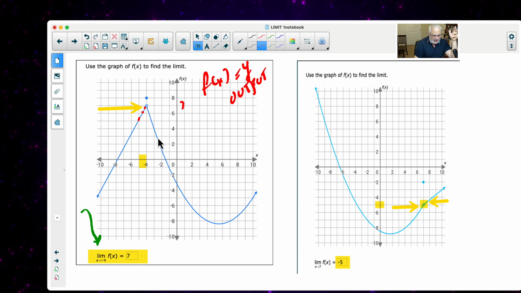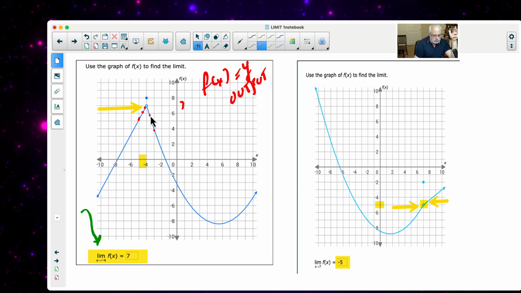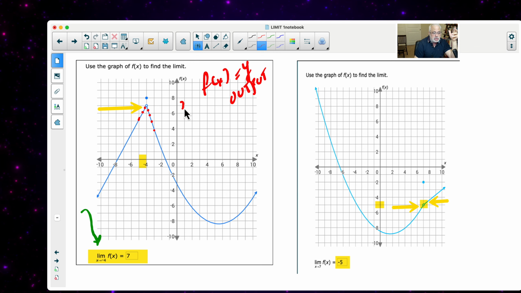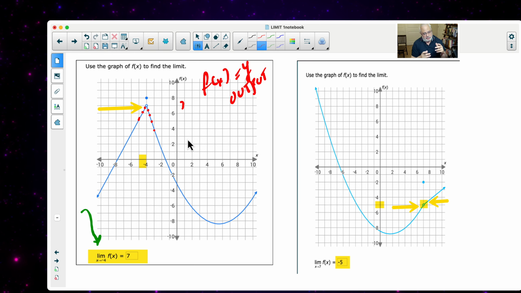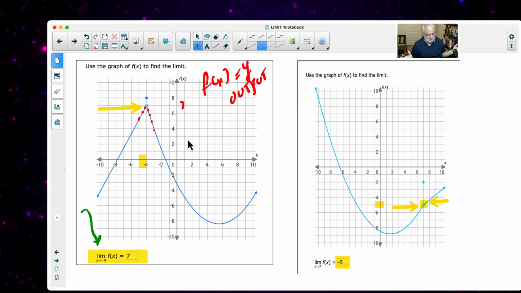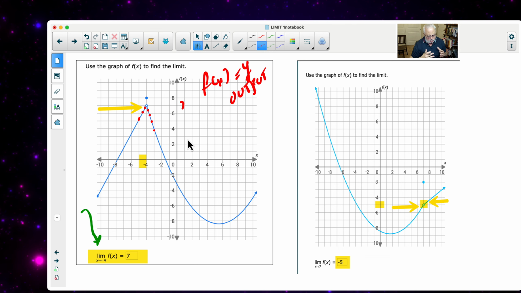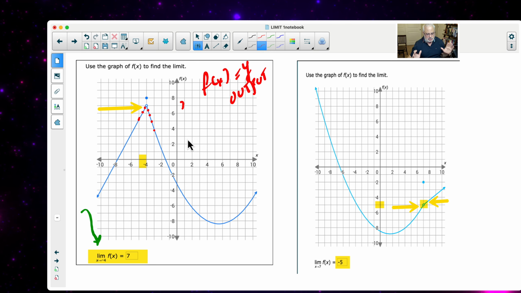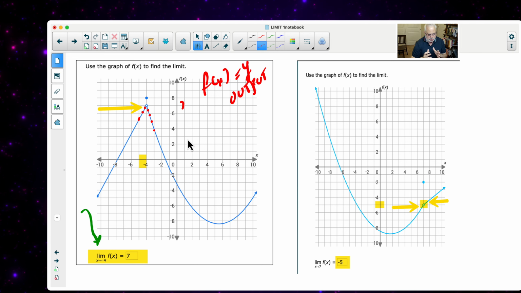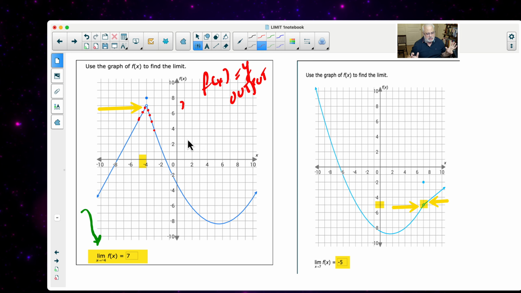And from the right, they are also approaching 7. So we have a limit here, because the behavior is not like the first example, where one side was approaching 1 and the other approaching negative 20. There the two-sided limits are different, so we don't have a limit. The limit does not exist. But right here we have a clear limit. The limit here when x is approaching negative 4 is 7.